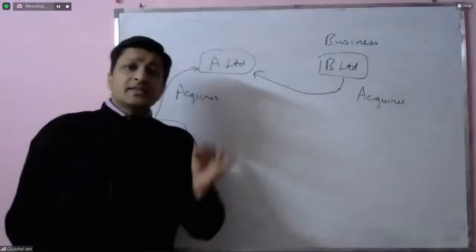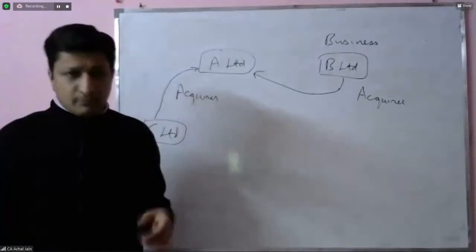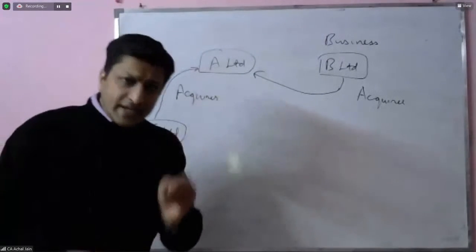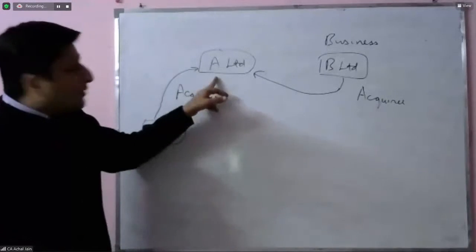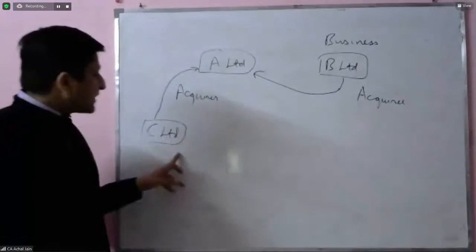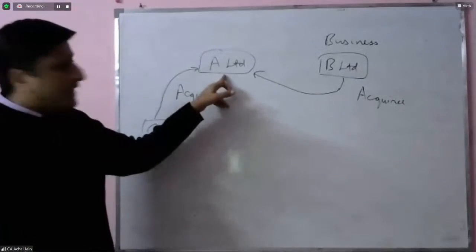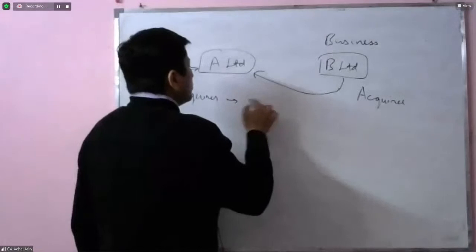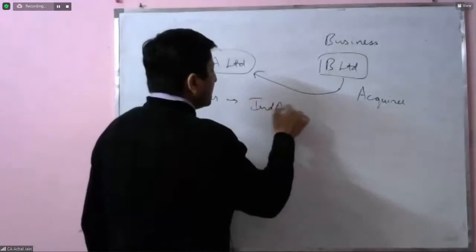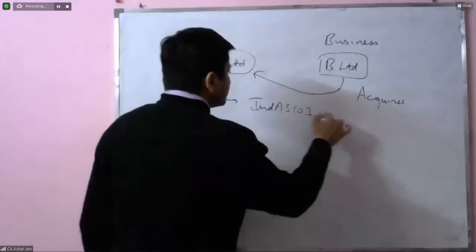So the answer is that acquisition accounting, means the accounting as per Ind AS 103, will be done by A Limited. It will not be done by C Limited. It will be done by A Limited. Means acquirer will do the accounting as per Ind AS 103.